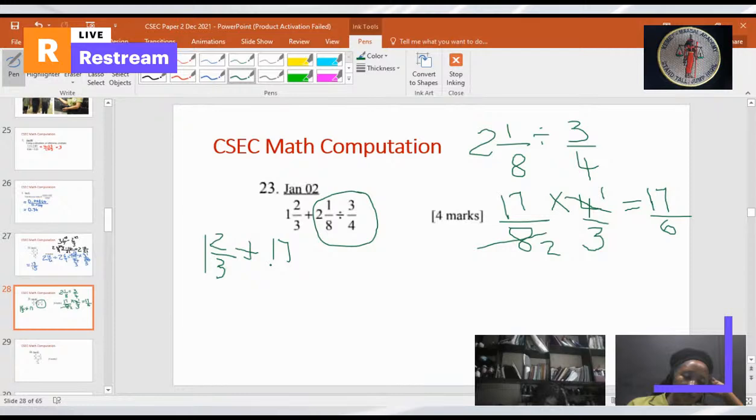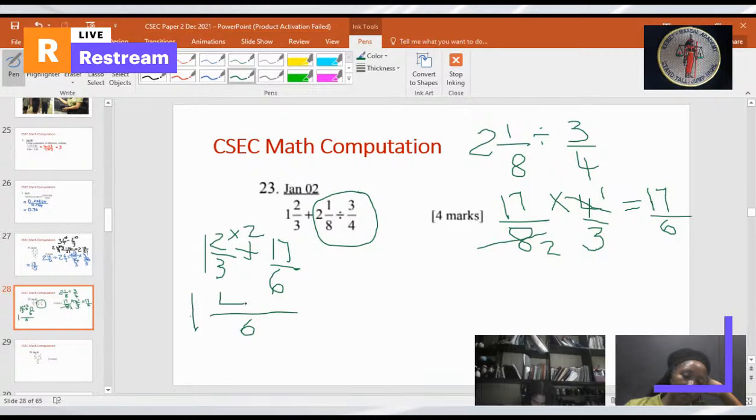Okay, miss. We can find the lowest common multiple of 3 and 6, which is 6. 3 into 6 goes 2 times, so 2 times 2 is 4.